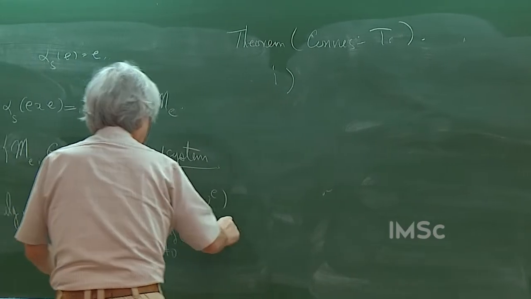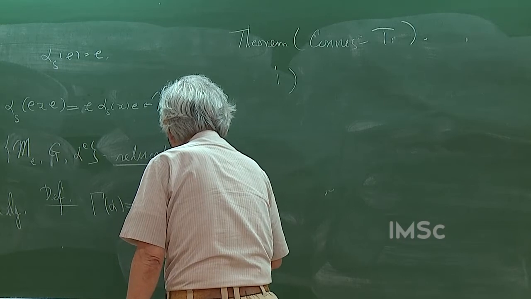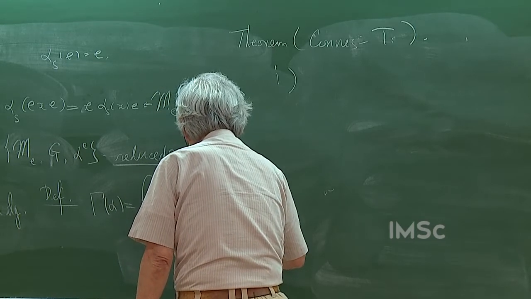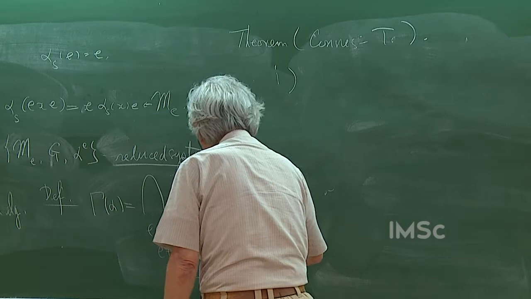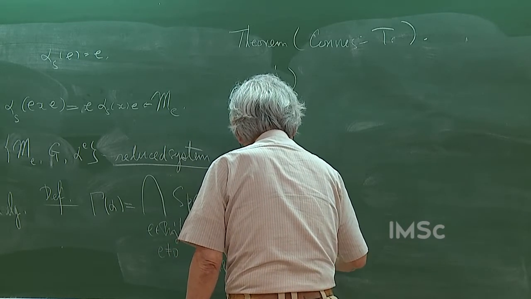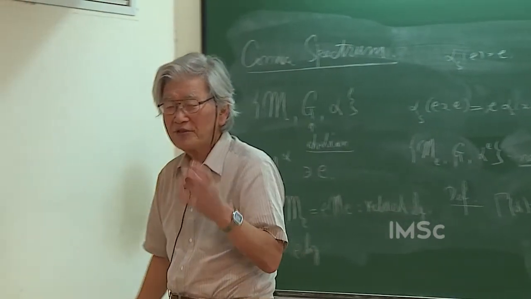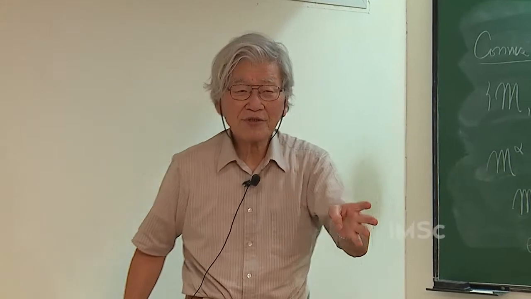This is called the Kohn spectrum or essential spectrum, Kohn spectrum of alpha. So when you have alpha, you have an Arveson spectrum, and the intersection of all Arveson spectrum of the reduced action is the Kohn spectrum.